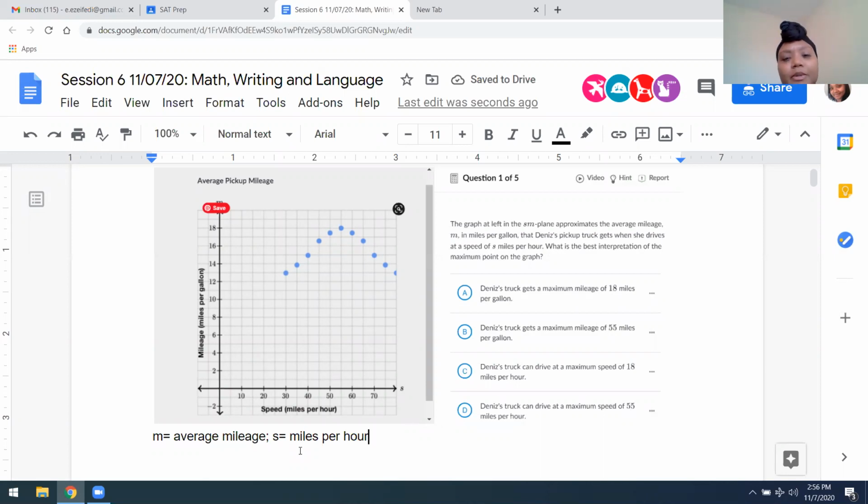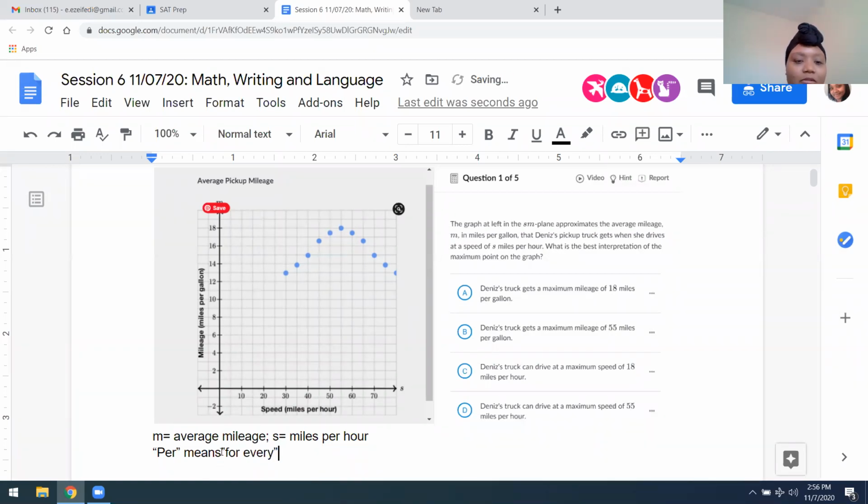And if you guys weren't here for one of the last sessions, we were speaking of this word, per. Kind of sounds like purr, like what cats do. But the word per means for every.